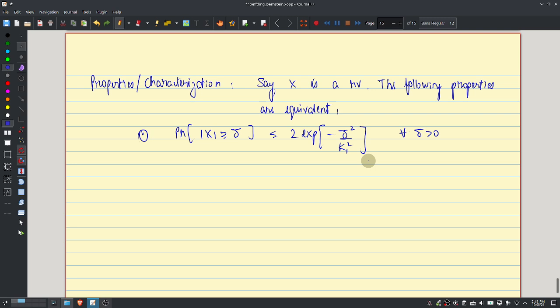This is for Subgaussian. So we'll say that any random variable that satisfies any or all of these properties is a Subgaussian random variable. Okay? So this is just a property. And I want you to note the following difference: this is not absolute value of x minus mu. It's just mod x.